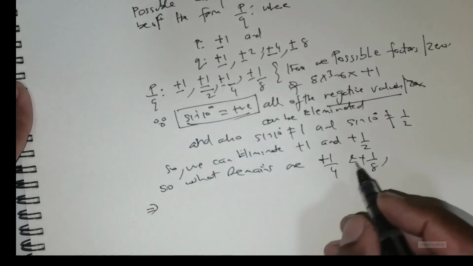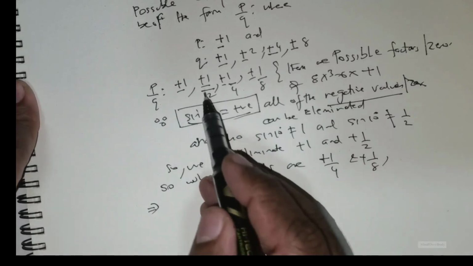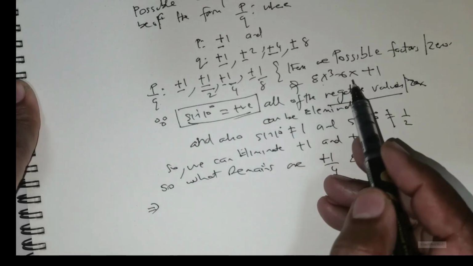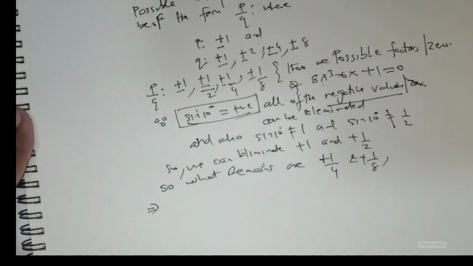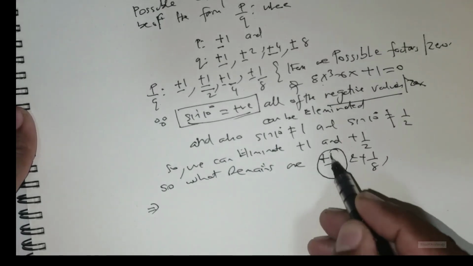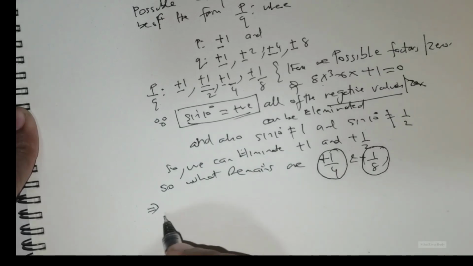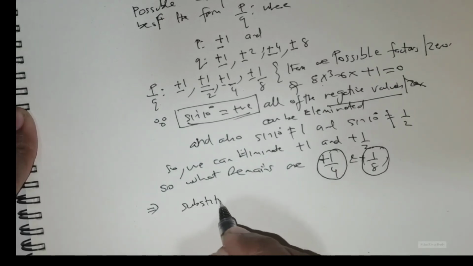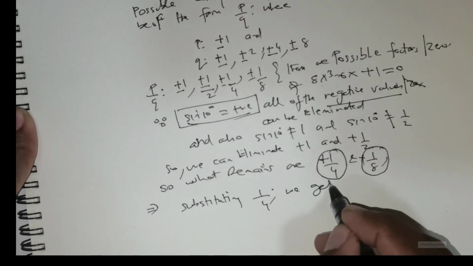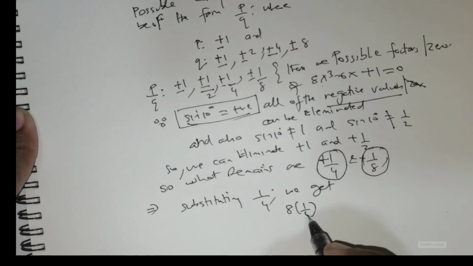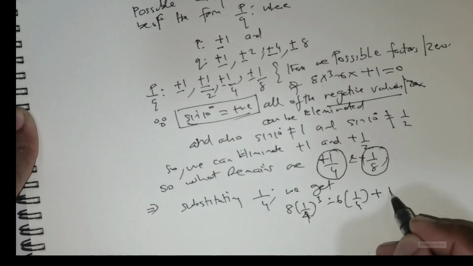So this implies the possibility of factors for 8x cubed negative 6x plus 1 equal to 0. If it is rational, then it should be 1 over 4, 1 over 8. So substituting 1 over 4, we get 8 of 1 over 4 raised to the power 3, negative 6 times 1 over 4, positive 1.